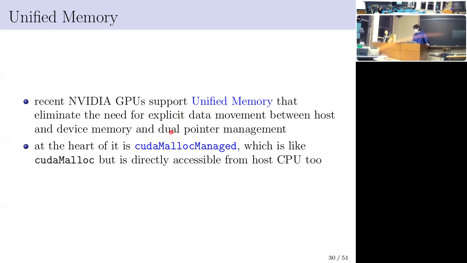But the thing is, just replace CUDA malloc with CUDA malloc managed. It allocates memory that is somehow accessible both from CPU and GPU, and data is somehow kept coherent. But again, like I said, do not expect excellent performance, at least for now, on the Intel plus NVIDIA platform.